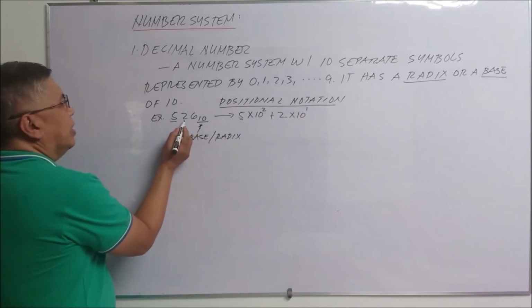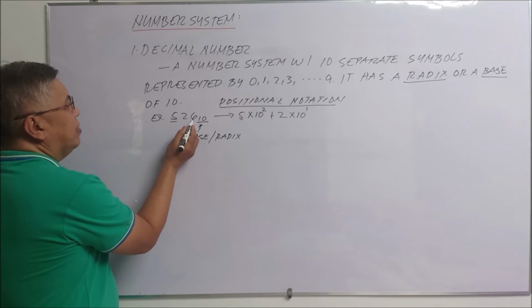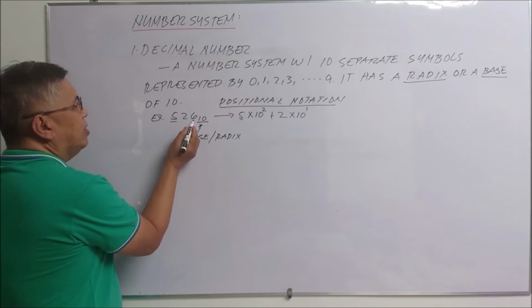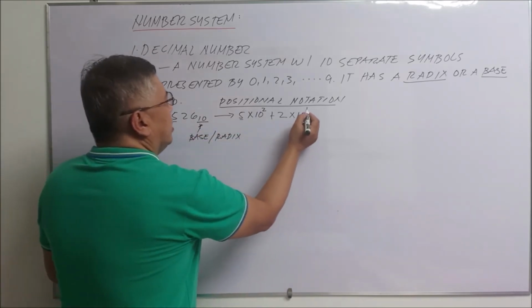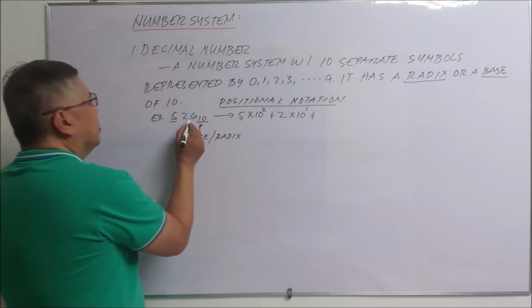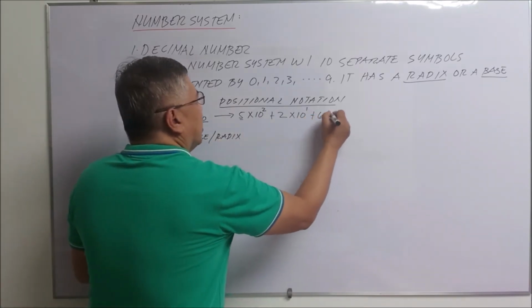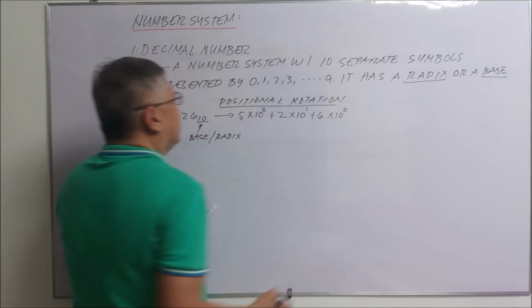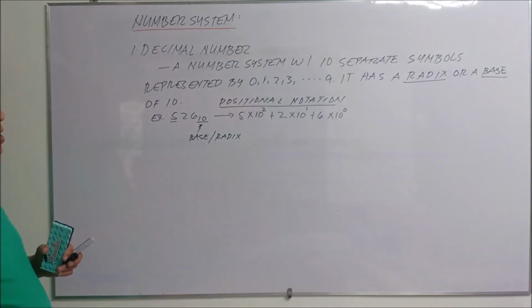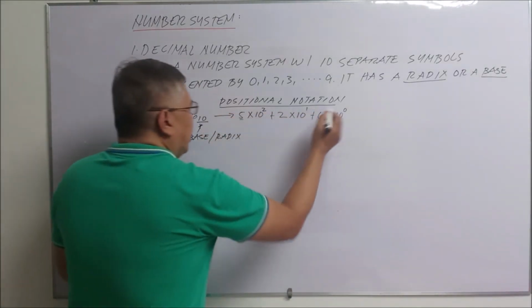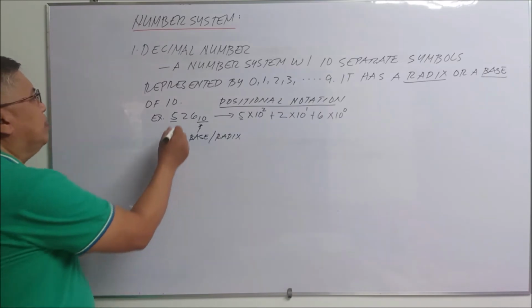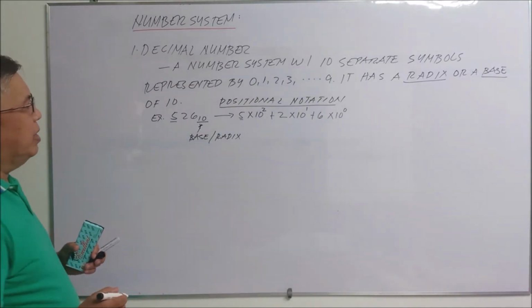Okay? For the 2, there is only 1 digit to the right, the 6 here. So you have 2 times 10 to the first plus 6 times 10 to 0. Okay? So that is the positional notation of this particular decimal number.